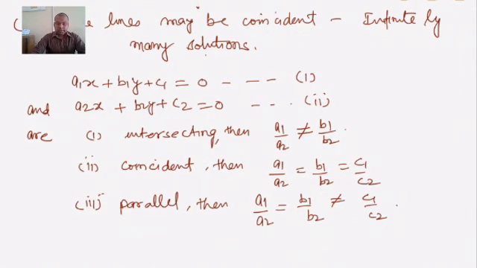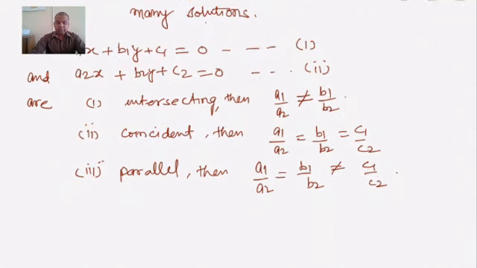So these are the three conditions. If any pair of equations is given, then just find a1, b1, c1 and a2, b2, c2, and find a1 by a2, b1 by b2 and c1 by c2 and check which of the following conditions is satisfied.